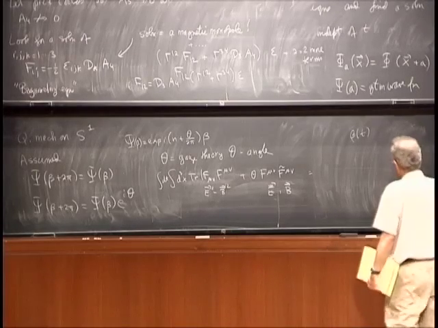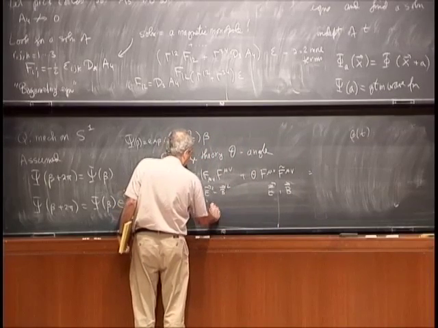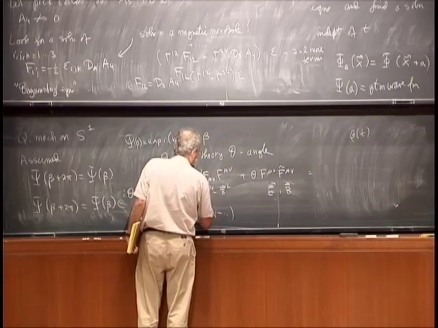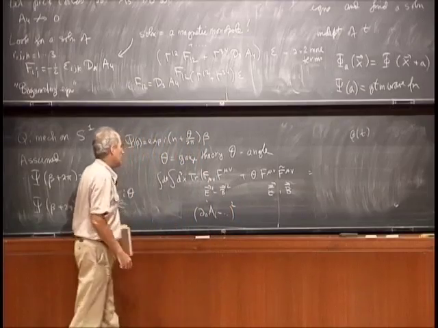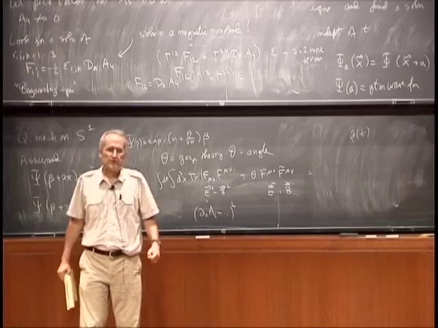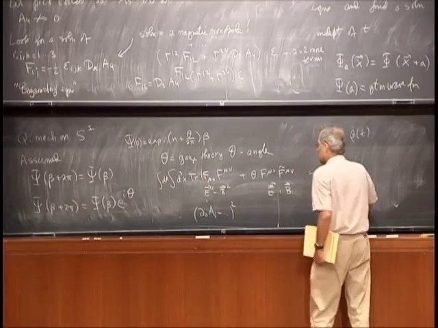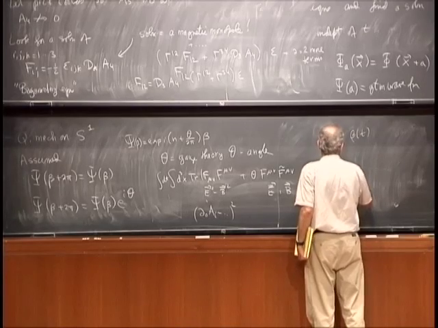If beta is time dependent, well, E has a time derivative in it. B squared doesn't, so it doesn't know if beta is time dependent or not. But E squared has a time derivative, and that is going to give beta dot squared.